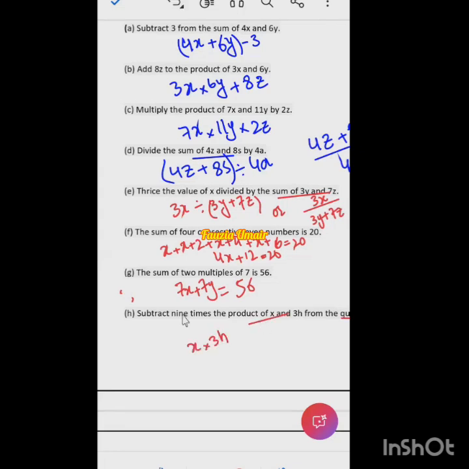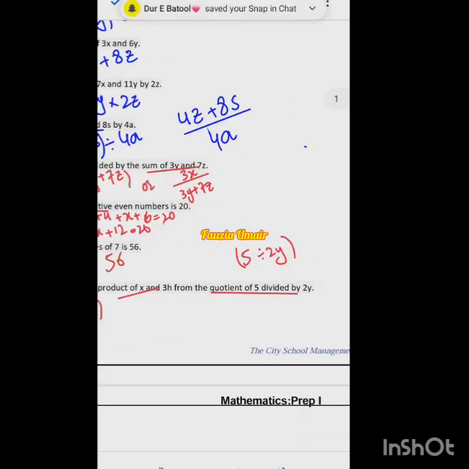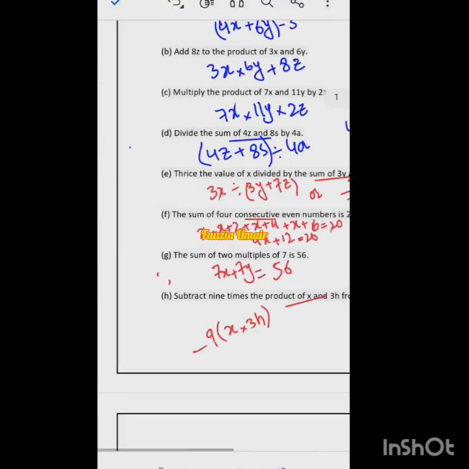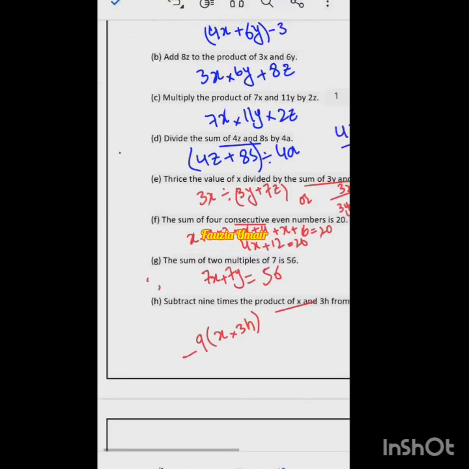Now for 9 times, what will it be? 9 times x 3h. Whatever is this product, you need to multiply it with 9. Now you need to subtract it from what? From 5 divided by 2y. Right?